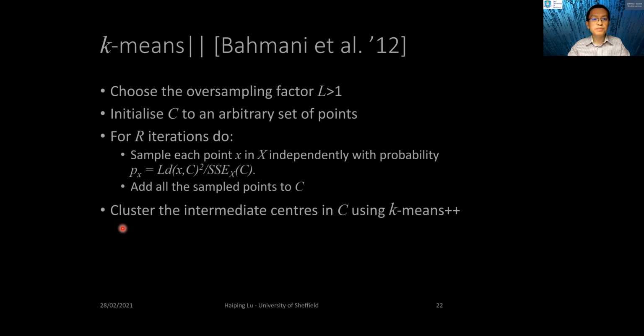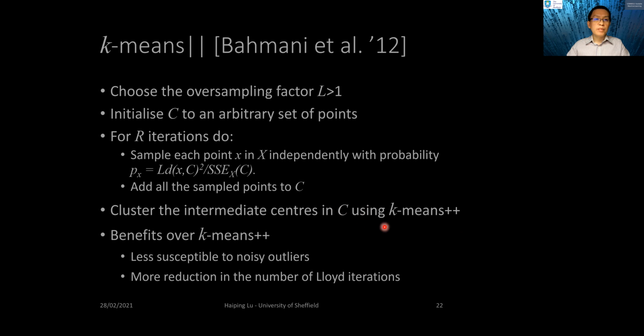And then finally, we cluster the intermediate centers in C using k-means plus plus. Because we have only a small number of centroids in C, this will be very efficient.